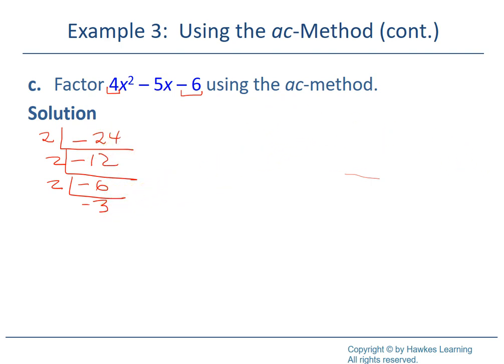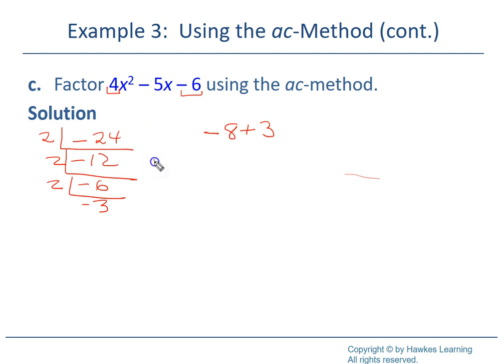Now we have to figure out what our b term will become. B term is 5. So here I have 2 times 2 times 2. I have a negative 8. So this is going to be the negative, and this will be a positive 3. So if I add these factors together, I get my b term.